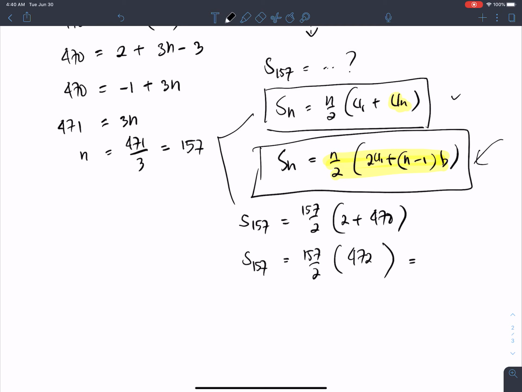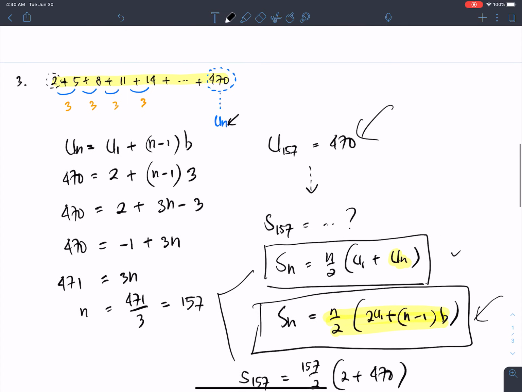I'm going to have 157 times 472 divided by 2, which gives 37052. So this will be the total of this sequence over here.